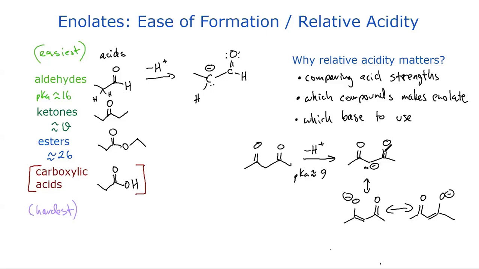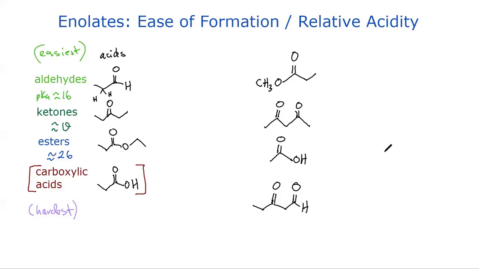Let's consider a practical question of ranking relative acid strengths. See if you can rank these 4 compounds in order from most acidic to least acidic. Well, in this case, we'd want to consider what functional groups we have present and how those fit into the relative order of making enolates.